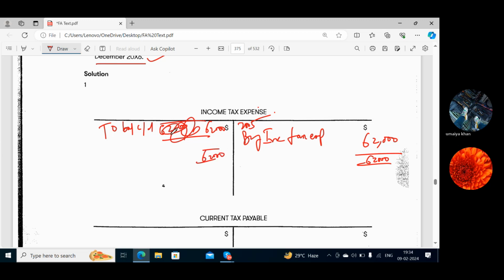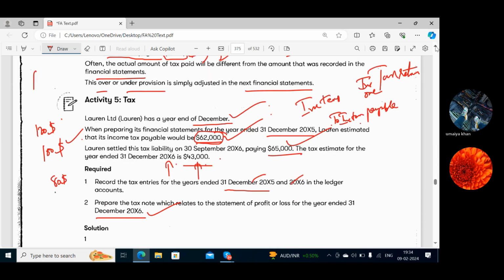And again, this will be the 62,000. Okay. Anything else is given? Yeah. So 65,000 is in the year 2006, right?